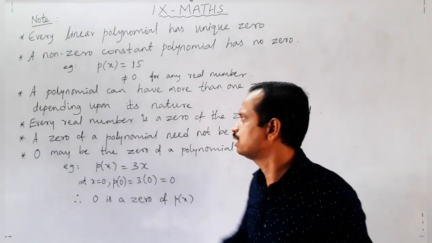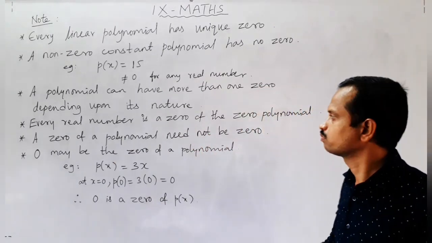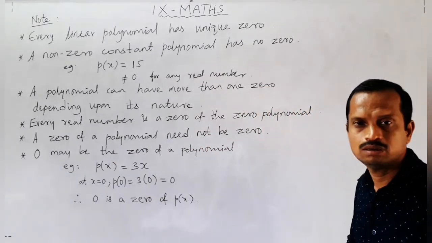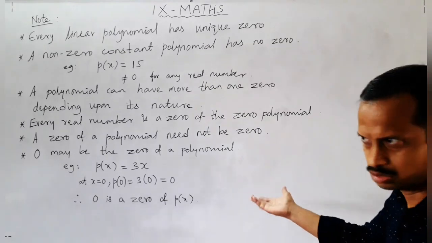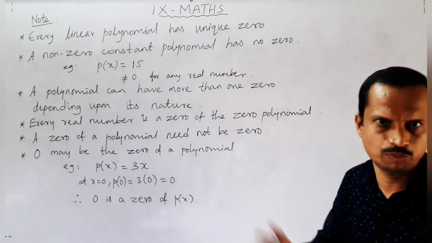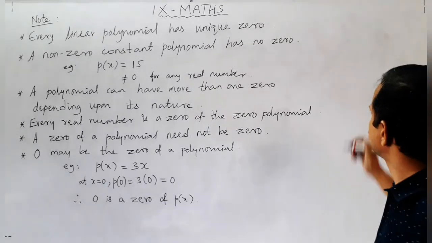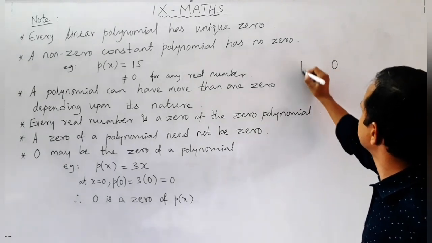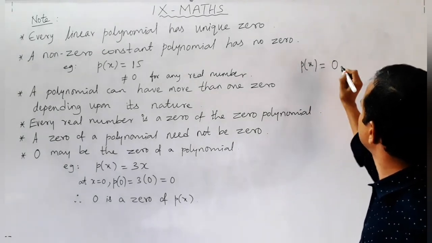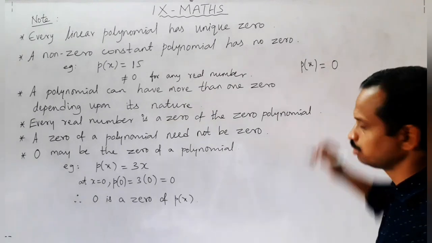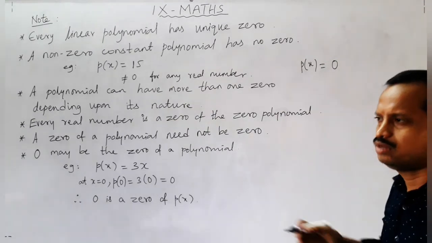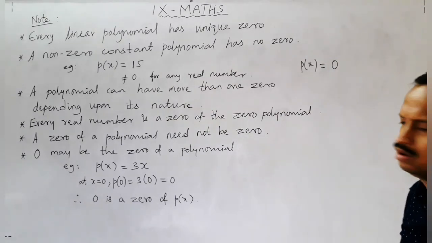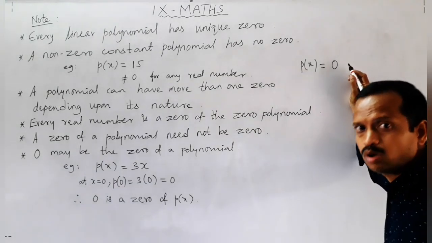Next, every real number is a zero of the zero polynomial. Already told you just now, 0 is nothing but the zero polynomial. If 0 is there, it means p(x) is equal to 0. This is the zero polynomial. There is no variable. Suppose you substitute any constant, any real number, what happens?